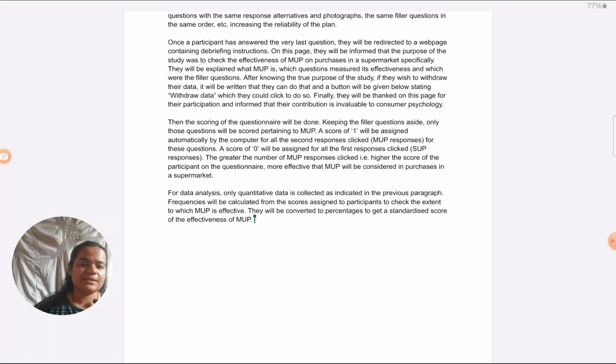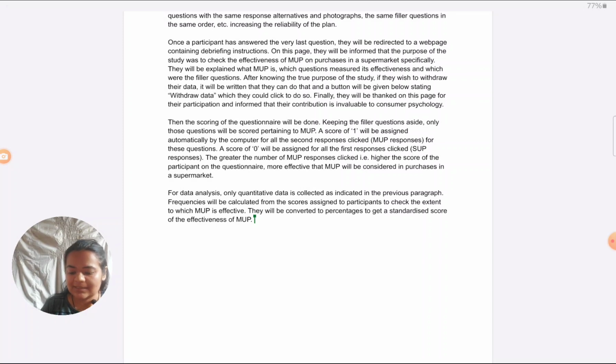As I always say, your last sentence in the 10 marker part has to be about how a conclusion the researcher will come to. So here you can't give what the result is, but you can say if this is the result, then this is what the researcher will conclude, and if that is the result, that is what the researcher will conclude. So you can put it in those terms. And if your school is insisting that you give a number, this is one way in which you can present it. So now I'm just demonstrating that.